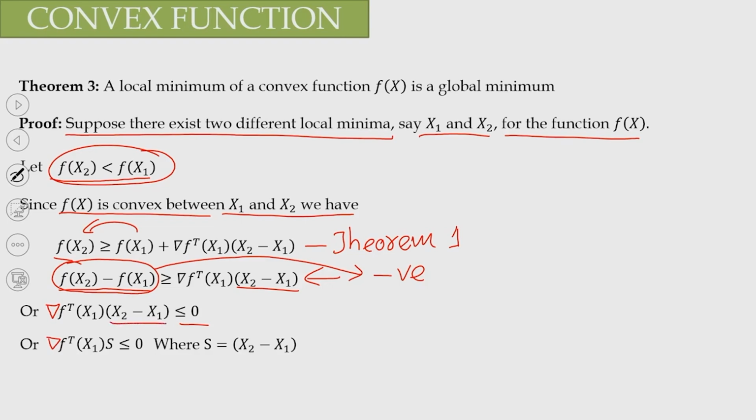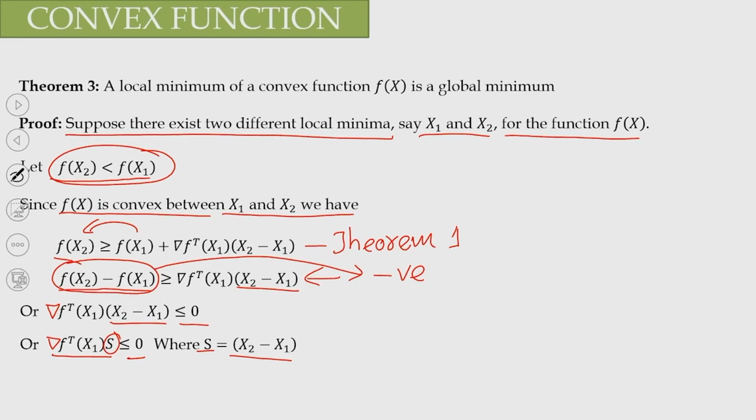The difference between these two points, x 2 minus x 1, gives you a direction. If I write the direction s equal to x 2 minus x 1, I can write that del f transpose x 1 into s, where s is the direction, is less than or equal to 0.